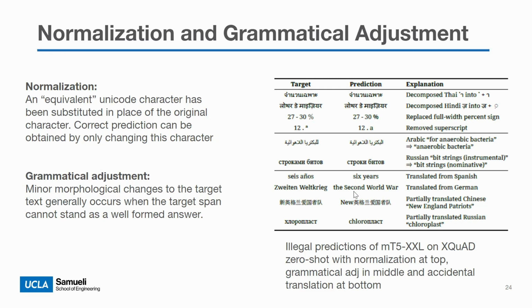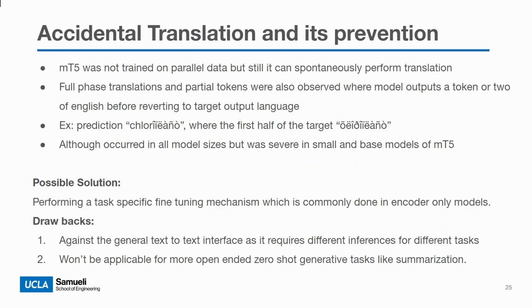And there is one even stranger thing that can be observed here. In the last example, the model had to predict chloroplast in Russian because it's the target language, but you can see that it has predicted the first four characters wrongly in English, then started predicting in the correct language, that is Russian. So the model has trouble initially predicting in the target language.